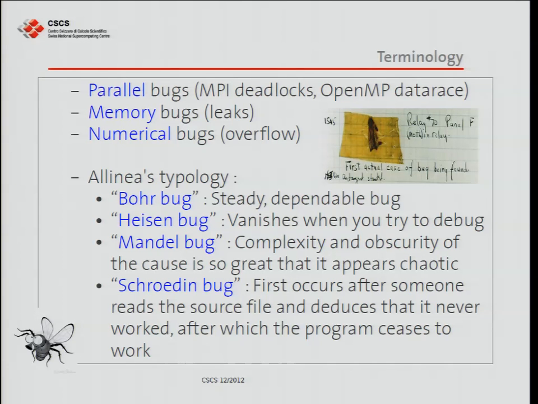You can also have memory bugs, like leaks, and of course numerical bugs where your application doesn't really crash, but it gives the wrong results, and you don't really know why. And if you look back in history, a bug was really a bug. It was an insect that used to go into the machine room and would eat the cables of the machine. And of course, that was a problem for the computer.